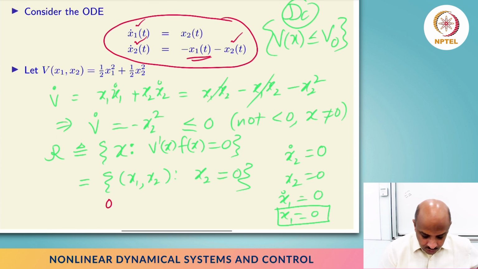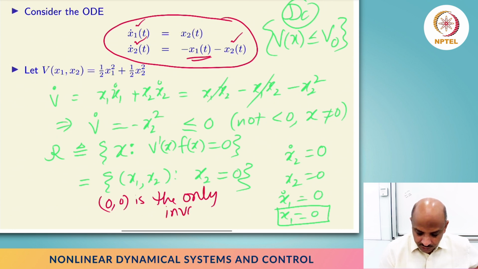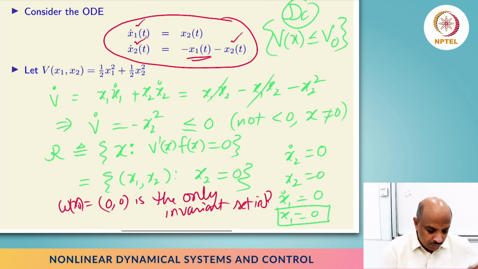The origin (0, 0) is the only invariant set in R. So that means our omega limit set of x0 is equal to this. What does this mean? Every point wherever I am, I'm going to go to 0 as t tends to infinity.